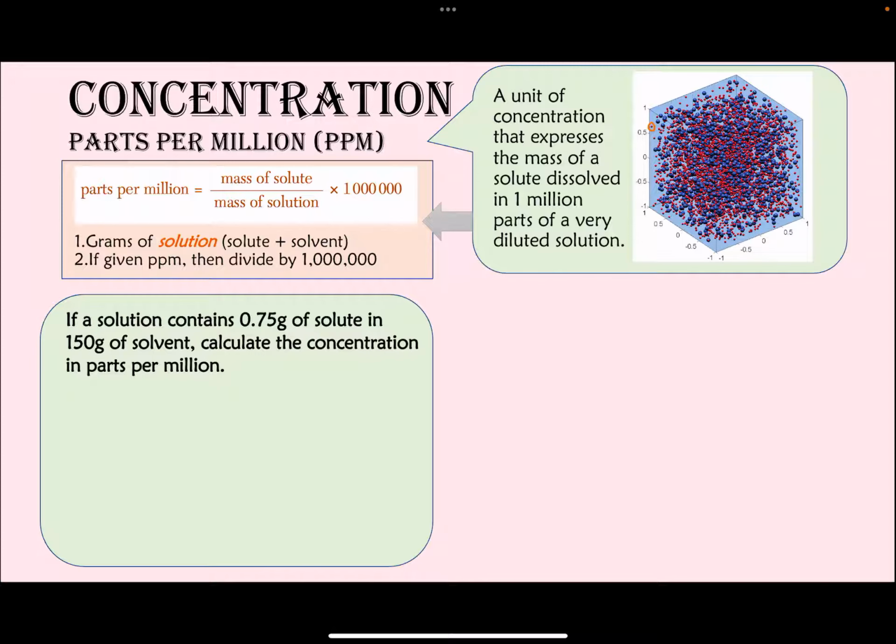If a solution contains 0.75 grams of solute in 150 grams of solvent, calculate the concentration in parts per million. So here, as you can see, they gave you the mass of the solute and the solvent, but no mass of the solution.